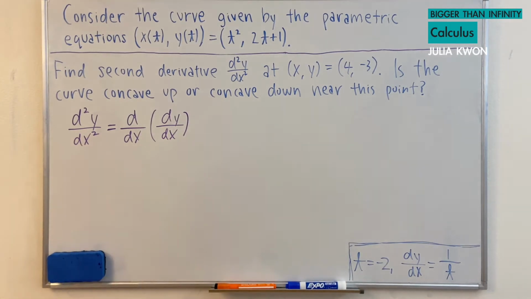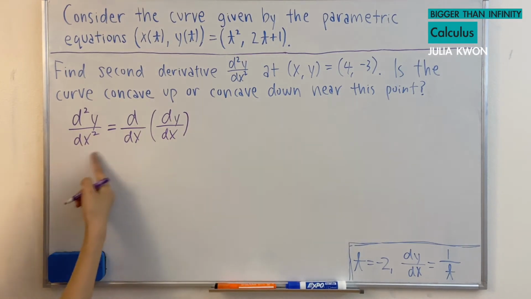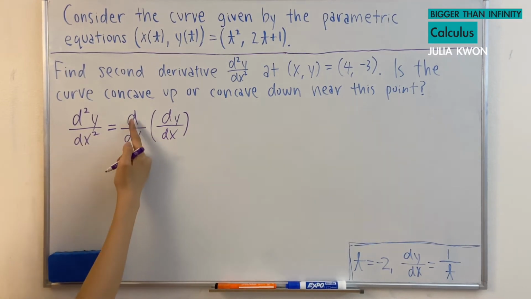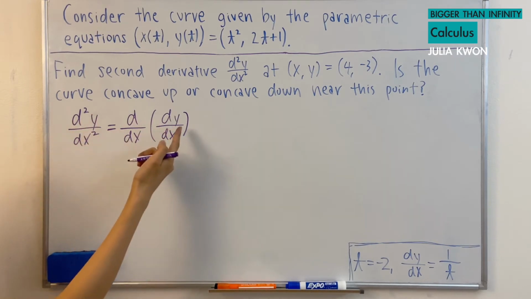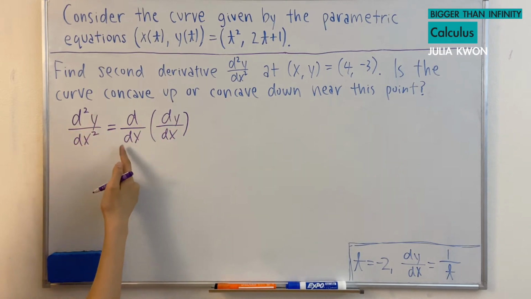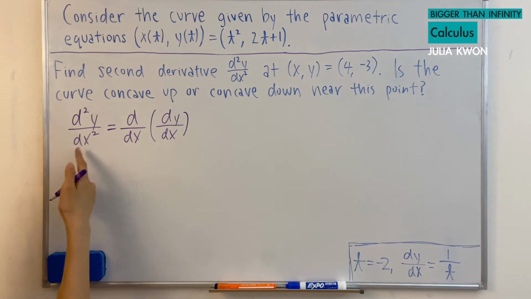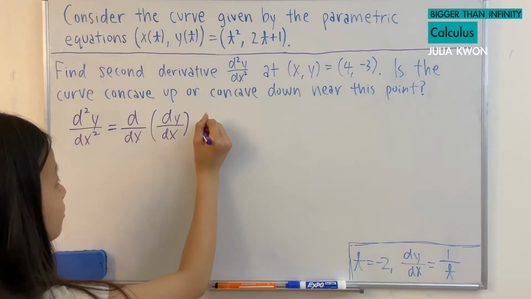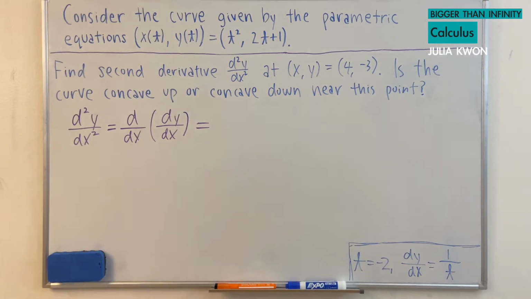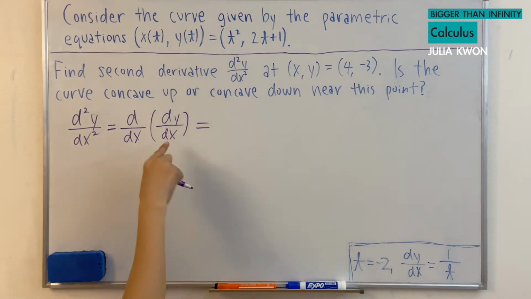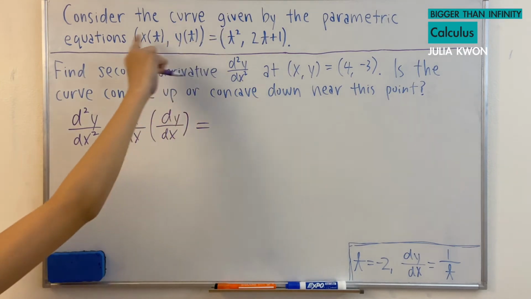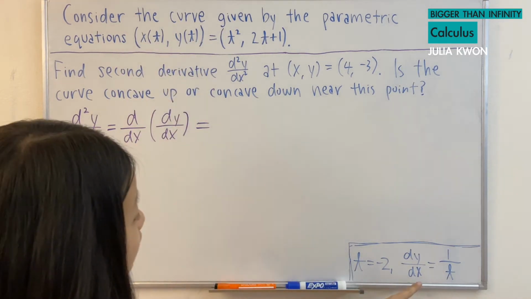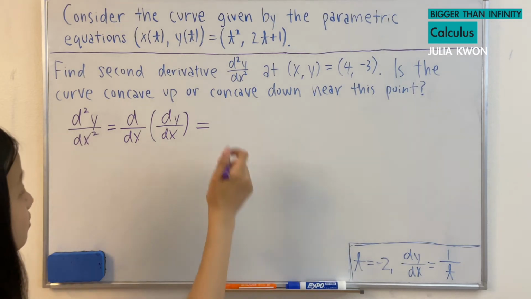I hope you can see why these two are equal to each other. d times d makes d squared, times y, divided by two dx's, so that's why we have squared. And this is equal to, just like I said before, what we found in my last video for dy divided by dx using these parametric equations: 1 divided by t.